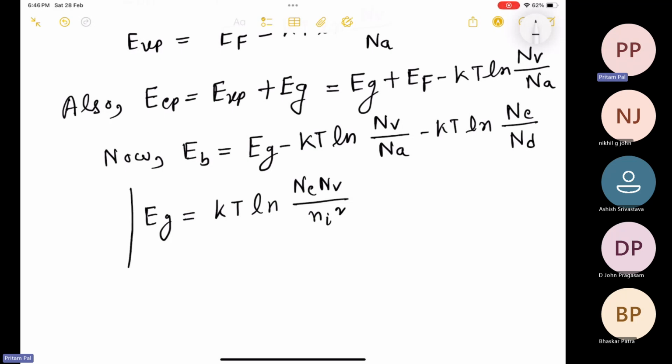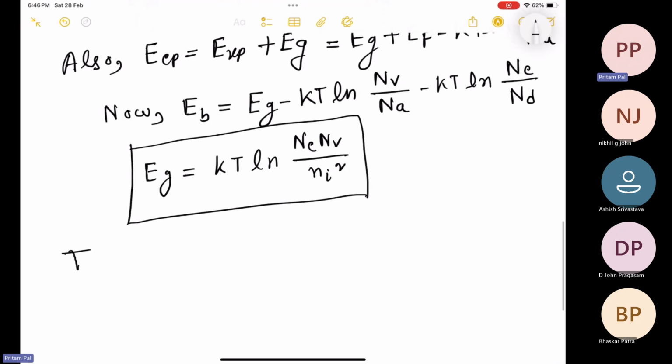We'll use this expression. This is also a very important expression which was derived in the earlier classes.